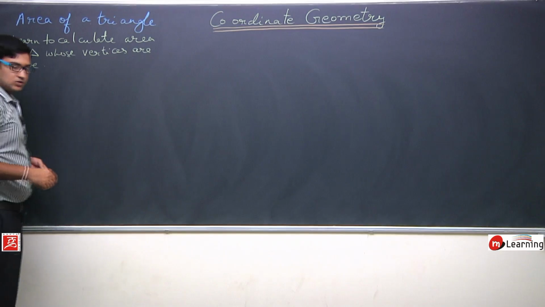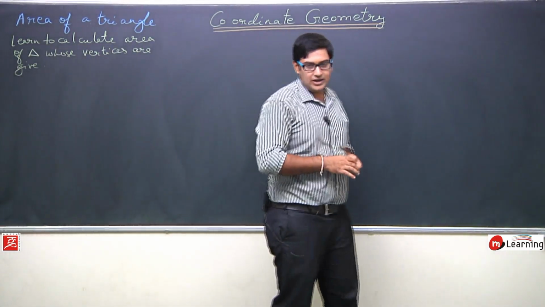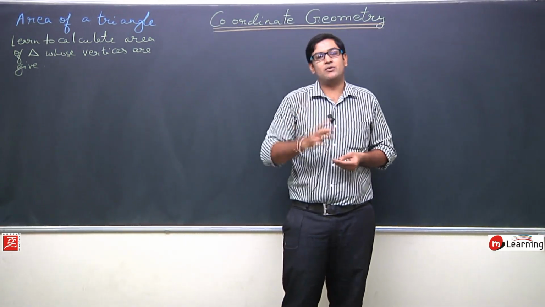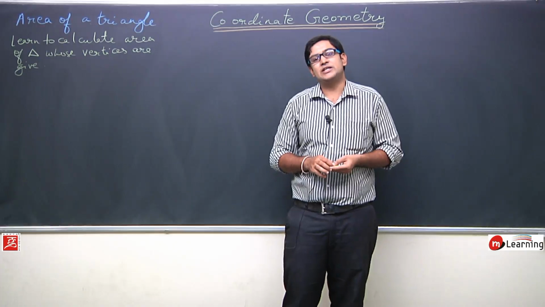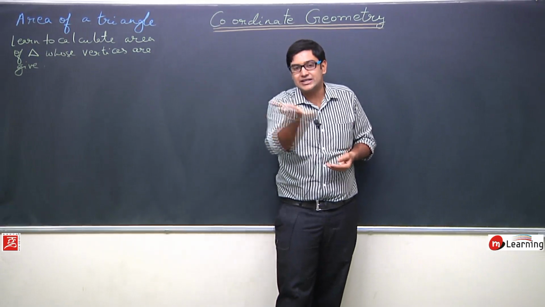Okay. So let us say I have 3 points. Okay. I can make a triangle from the 3 points if the 3 points are not collinear. If they are collinear, they will lie on a single line.